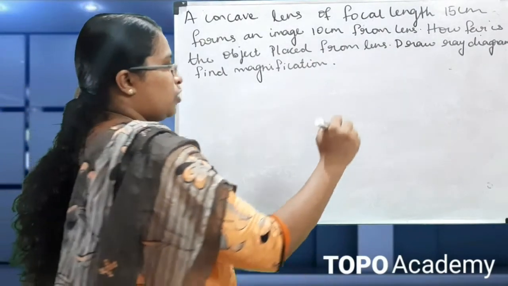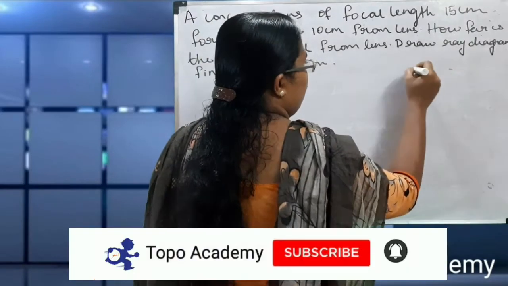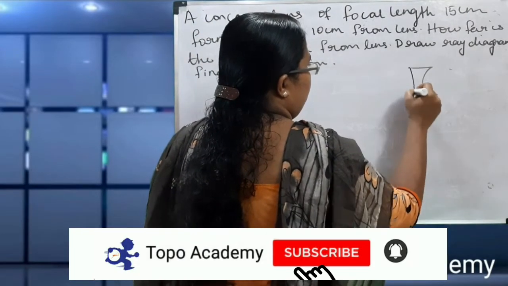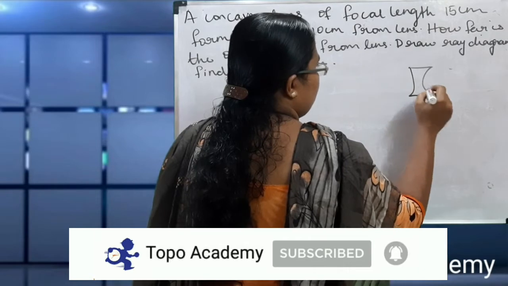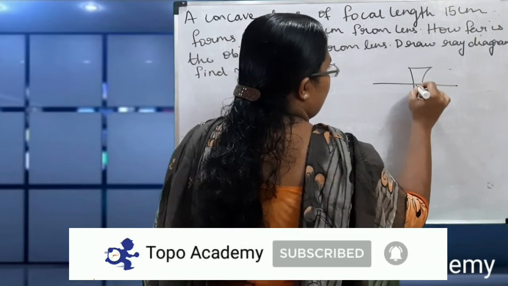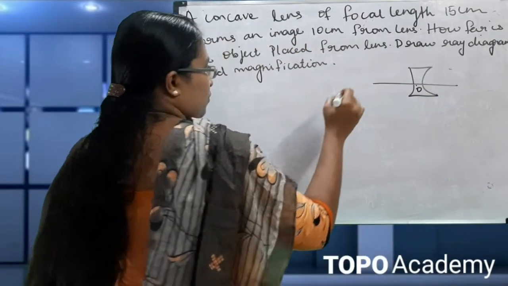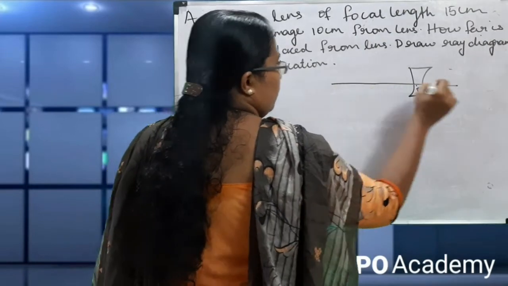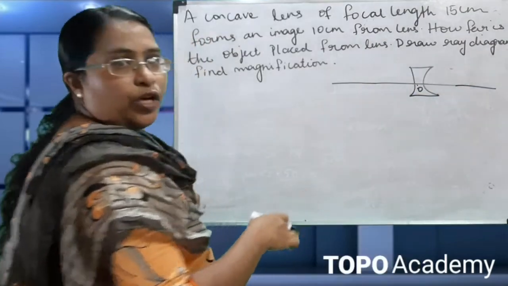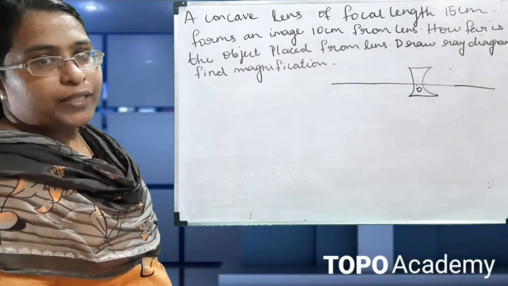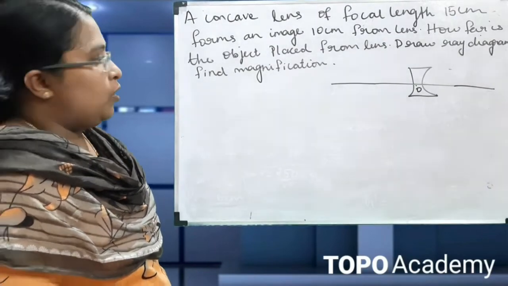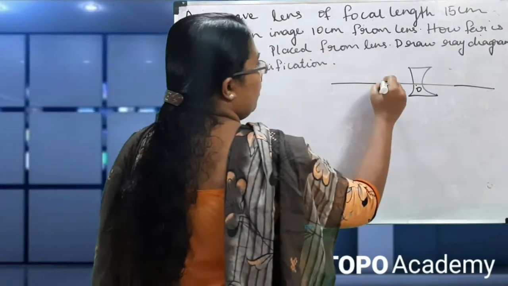So this is a concave lens. This is the optic center. In case of concave lens, we know the focal length is on the left side of the optic center. So here the focal length is given.